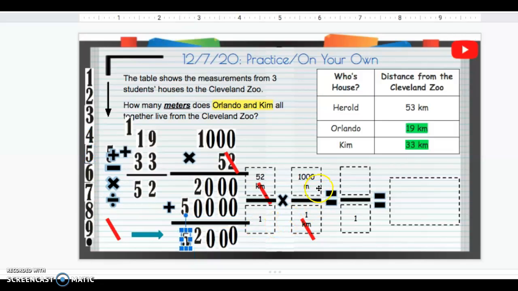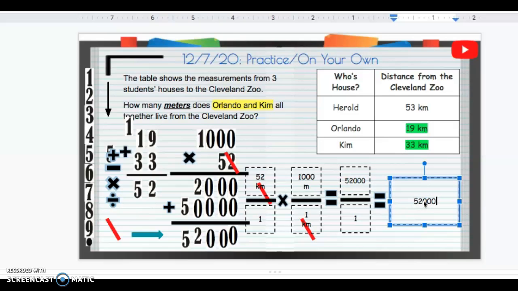So we have 52,000. So our answer is 52,000 meters. And that's how far Kim and Orlando in meters are from the Cleveland Zoo.